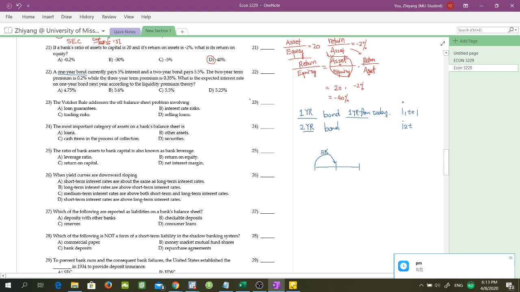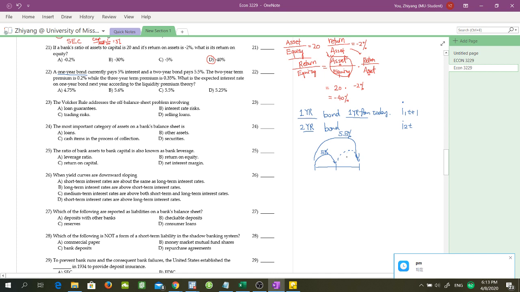Since it says it's a 2 year bond, you were told this is the 5.5%. If you simply take the average of 5% and 5.5%, that means you mistakenly think the 5.5% should be plugged in here, which is not right. This is actually what we are trying to get.